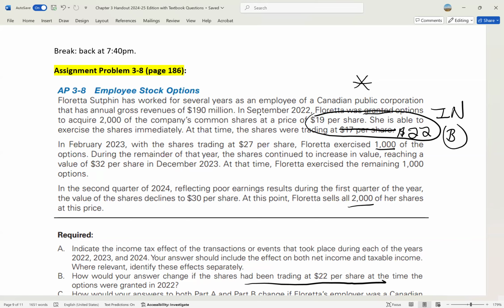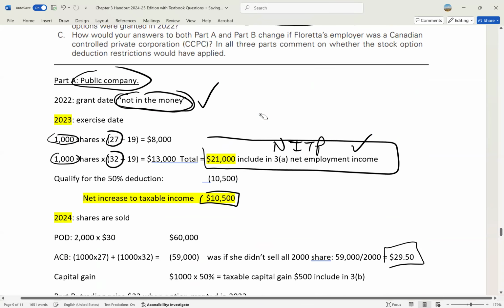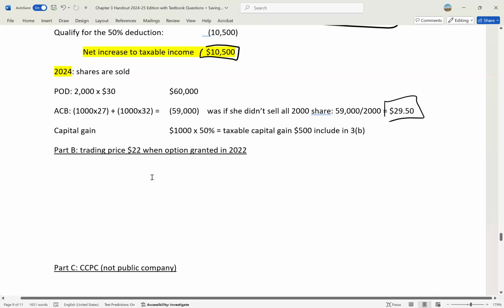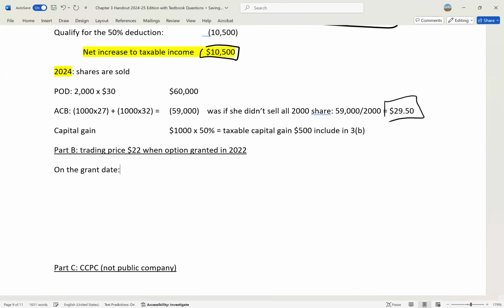So when the option was granted, it was in the money because she could immediately exercise the option, buy the shares for 19, and immediately sell them for 22. That's why she's in the money. That's why the option was granted in the money for Part B. So for Part B, the difference would be that on the grant date, the option was issued in the money.